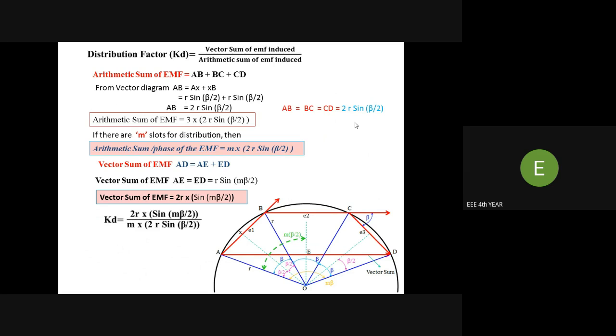We can substitute the arithmetic sum and the vector sum in this formula. KD equals 2R sin m beta by 2 divided by m times 2R sin beta by 2. So finally, we get the distribution factor formula: KD equals sin m beta by 2 divided by m sin beta by 2.